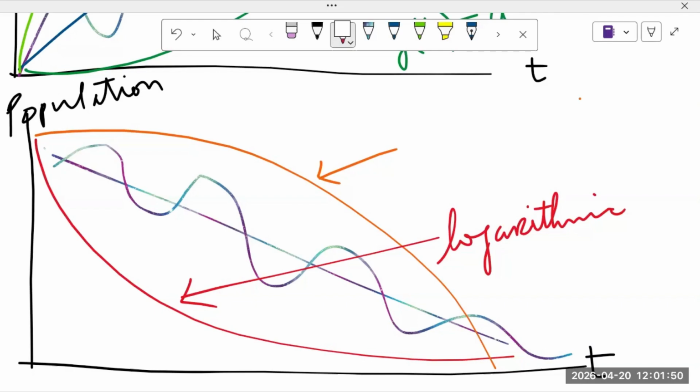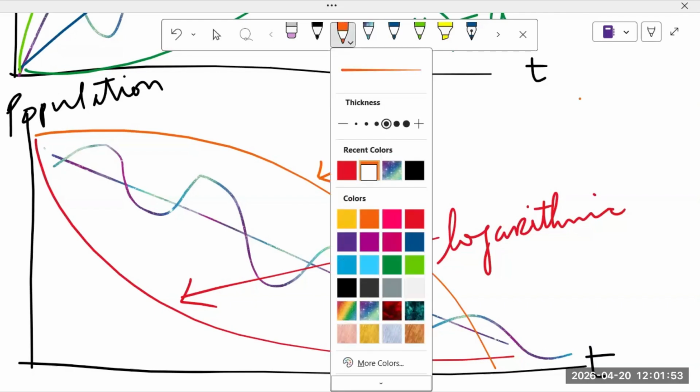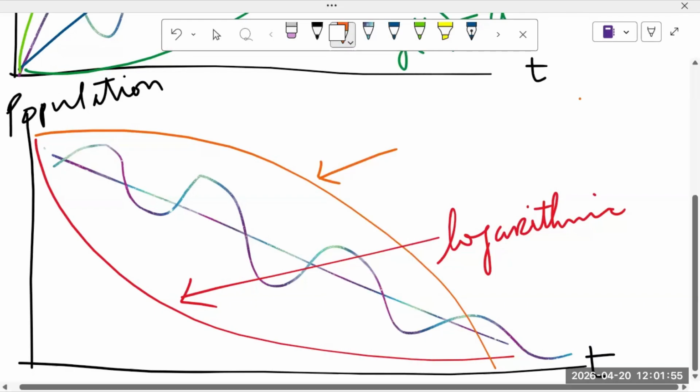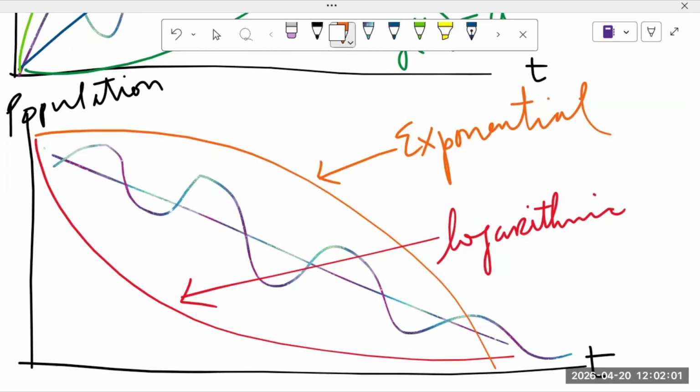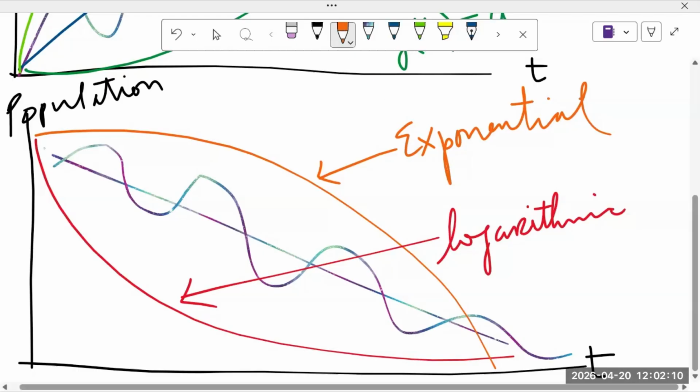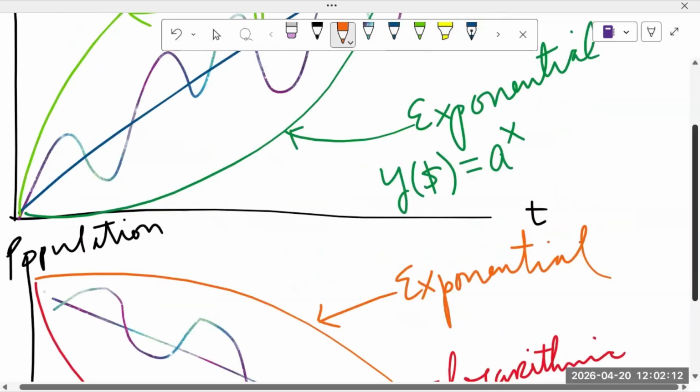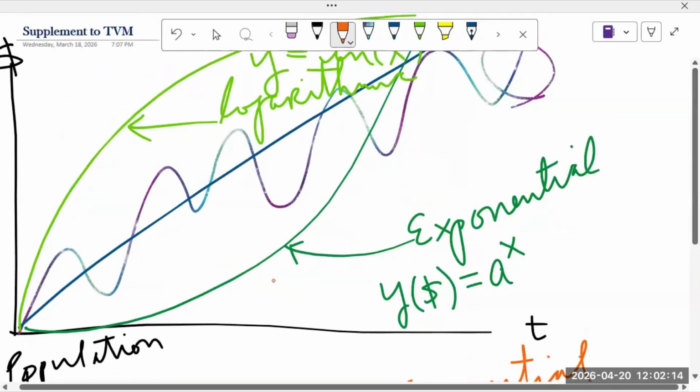Whereas exponential decay would show the opposite, the mirror image, because the slope is flatter early on, but as time goes on the slope is getting steeper and steeper. You see the same pattern in exponential growth.